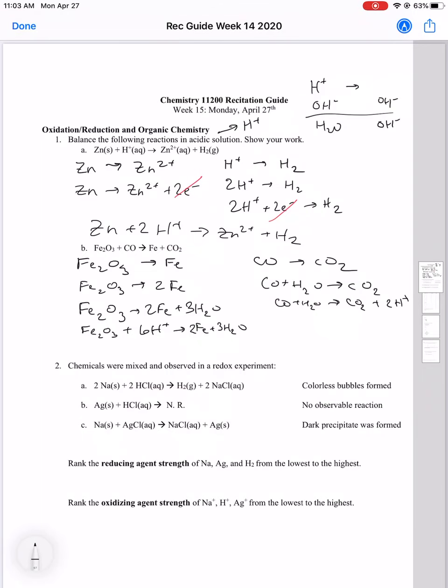And then we need to add our charges, just like above. We want to make both sides equal to the same thing, in this case 0, so we'll add 6 electrons to balance out the positive charge of the hydrogens. And then same thing on this side.